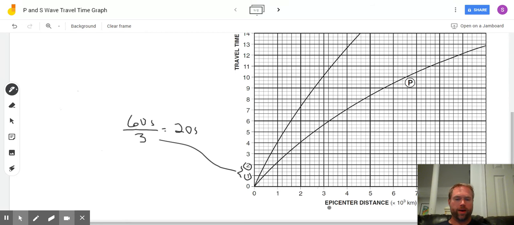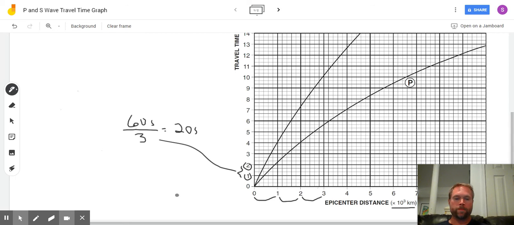On the x-axis, we've got epicenter distance, and the units here are times 10 to the 3 kilometers. Now, if you look at the numbers, each major division looks like it's a change of 1, but don't let that fool you. Remember, the units are times 10 to the 3 kilometers.